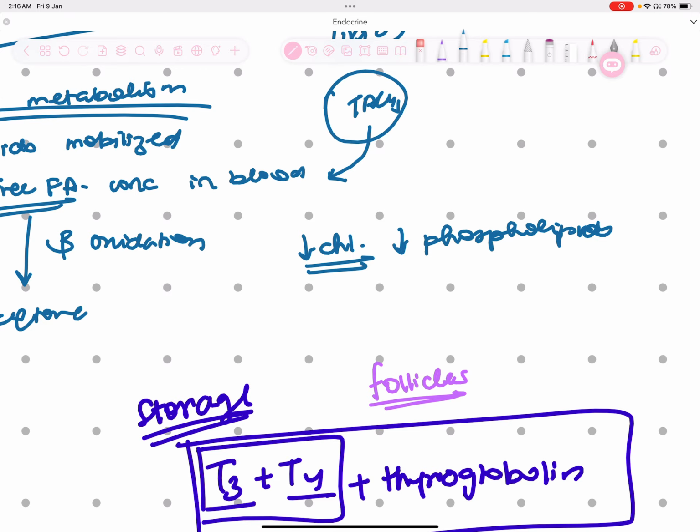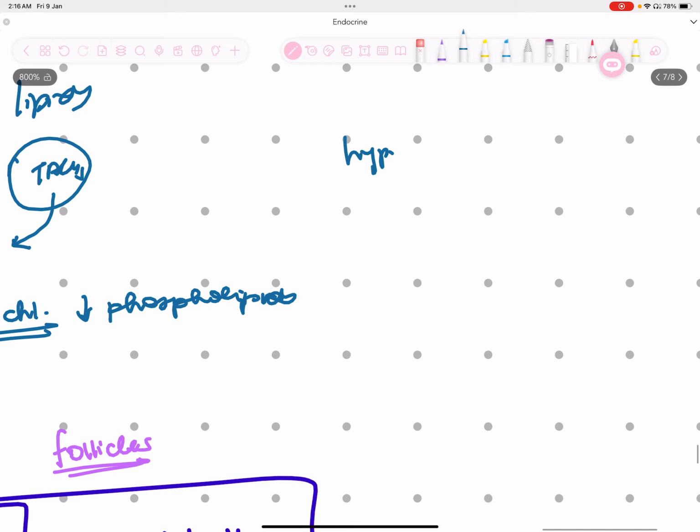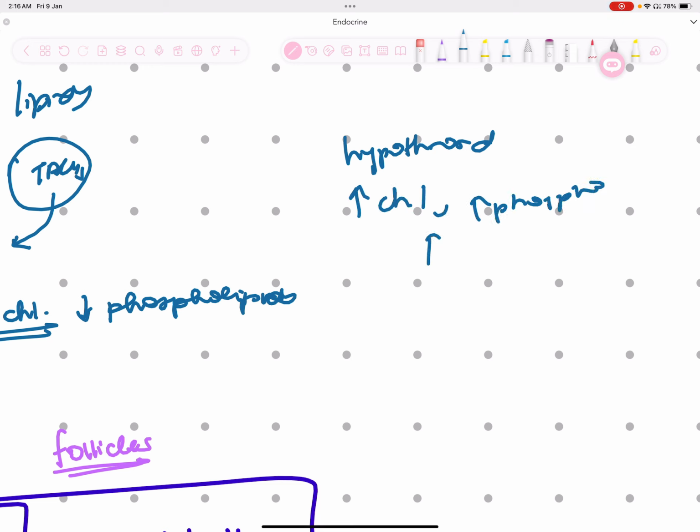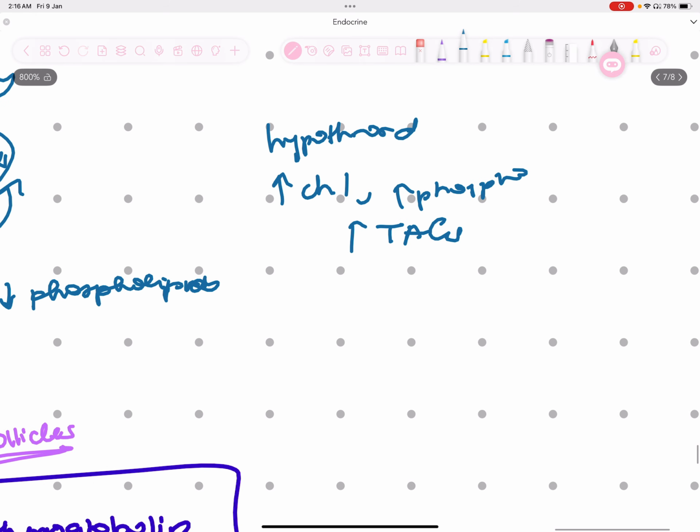It's important to understand that if there is hypothyroidism, what will happen? In decreased thyroid secretion, this is going to increase cholesterol, and it's also going to increase the phospholipids and the triglyceride, right? It's also going to increase the triglyceride because fatty acids will be converted back to TAGs and there'll be increased TAGs.